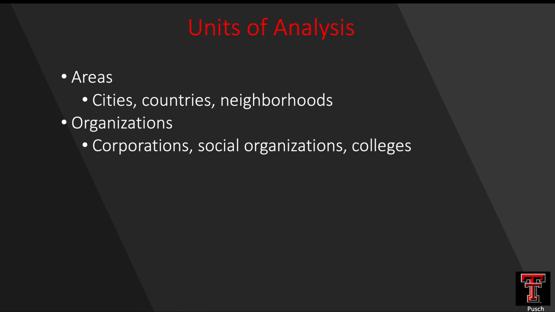So this is also a common unit of analysis in social science, specifically schools. Schools fit in here. Corporations. It might look at a bunch of different corporations and say, okay, which one has more misconduct, and look at the relationship or differences between corporations instead of individuals. Could be social organizations, colleges, churches, etc.